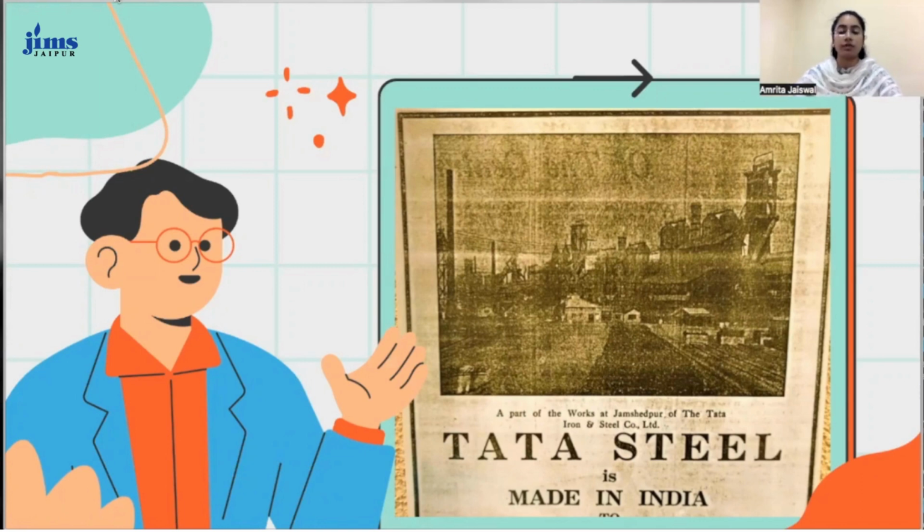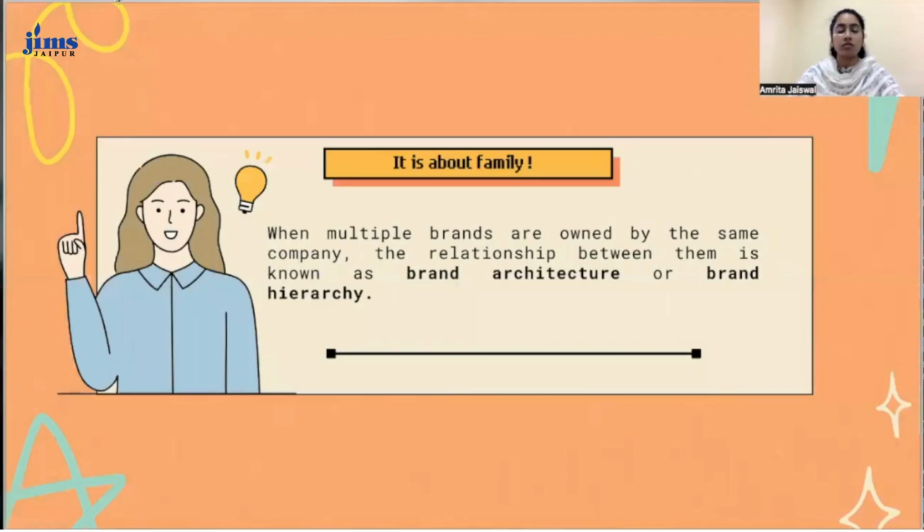So now try to understand what is brand architecture. Basically it is about family. When multiple brands are owned by the same company, the relationship between them is known as brand architecture or brand hierarchy. It refers to the relationship of the sub-brands to the master brand or the parent brand, as well as to one another.